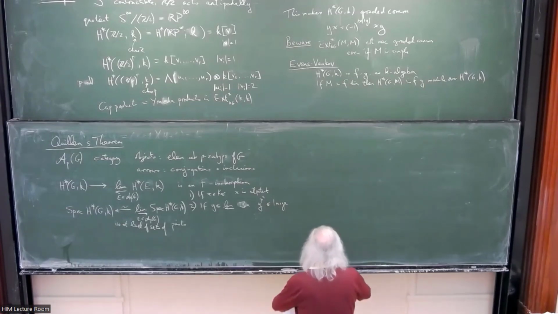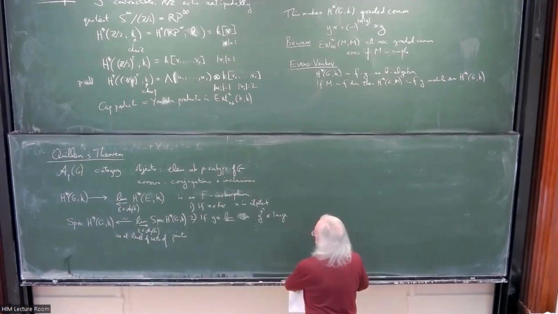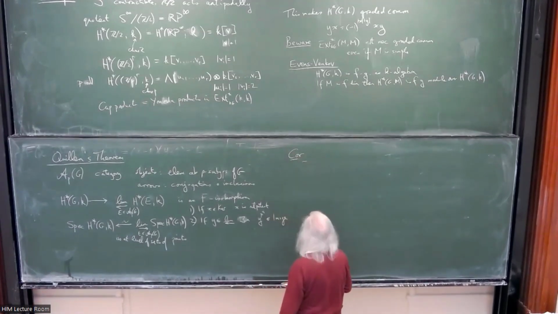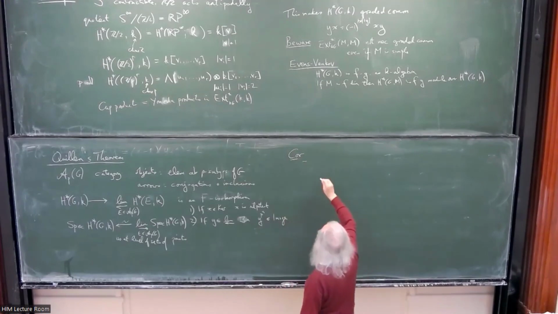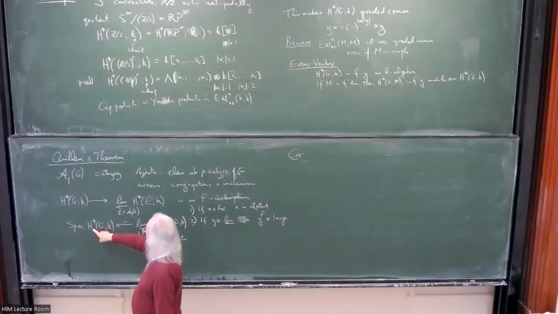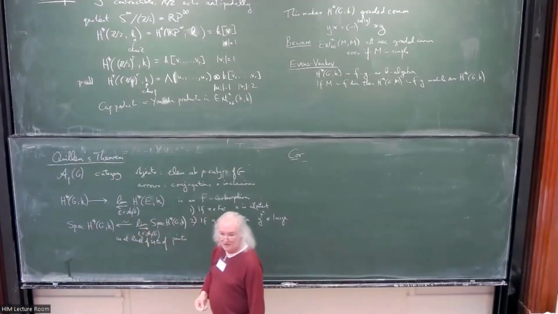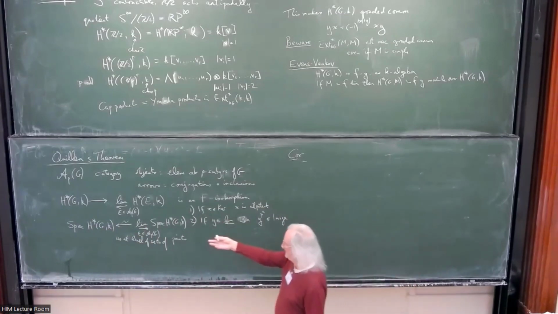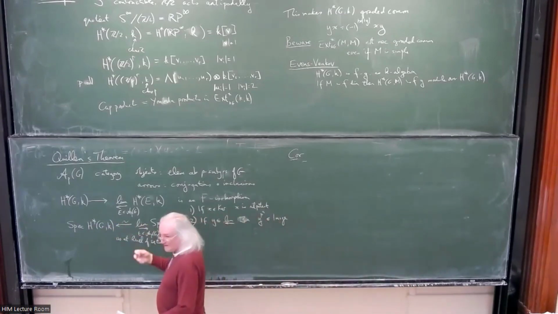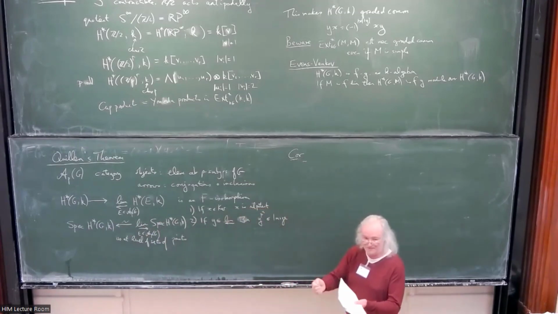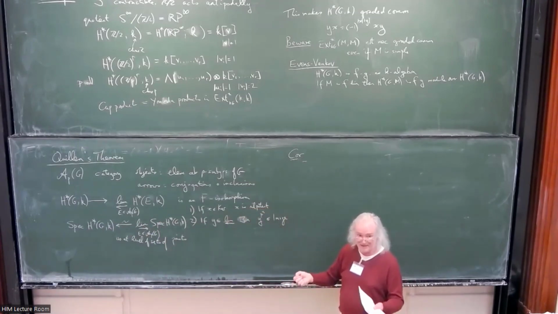So let's write down some consequences of this. The first consequence is that we can now see what the Krull dimension is of the cohomology ring, because we've got it explicitly displayed in these terms. All you need to do is look for the maximal size of an elementary abelian p-subgroup.